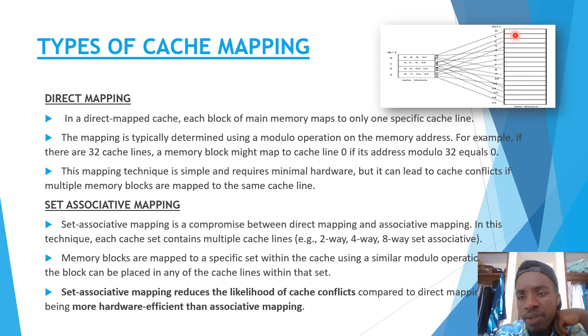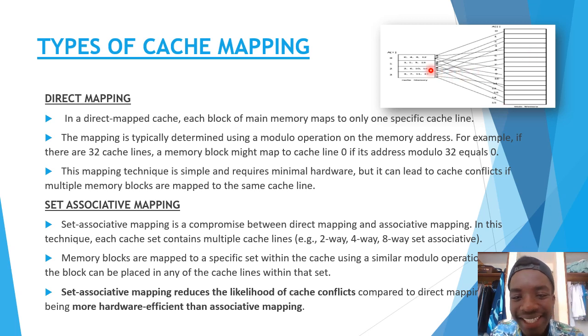We shall be having from 0 to 63, that's from 0 to n minus 1. The number of blocks is the memory size, which is 64, divided by the block size, which is 4, getting 16 blocks. That's why we are having from 0 up to 15.